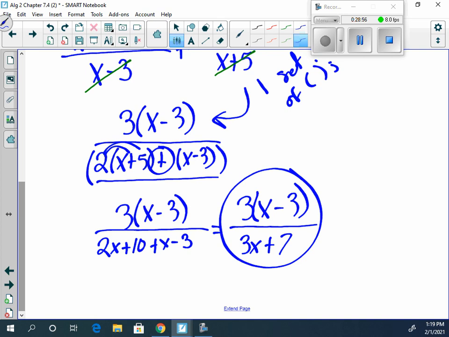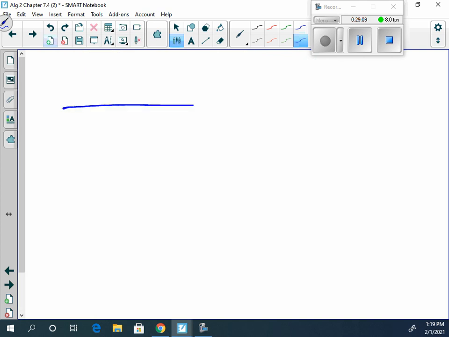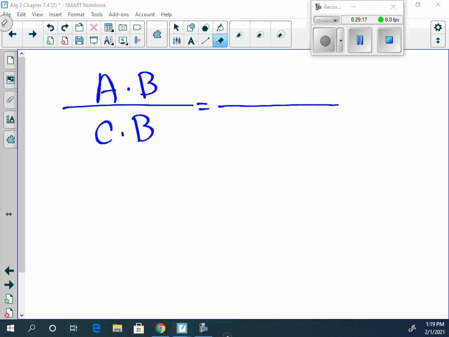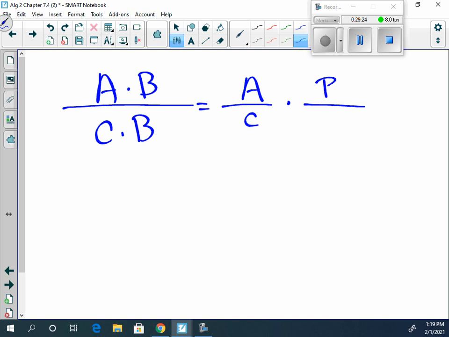So we can do that cancellation on top and bottom if it's multiplication, but we can't do it if they're addition or subtraction. And it's really that whole simplification with the multiplication is coming to the fact that if I have a times b over c times b, because I can split multiplication back apart to a over c times b over b.